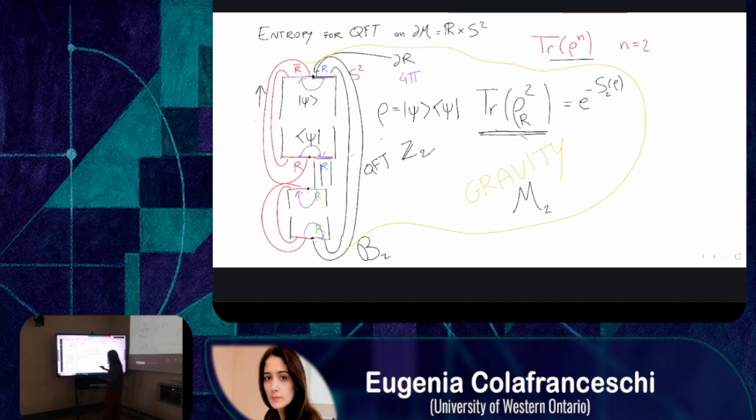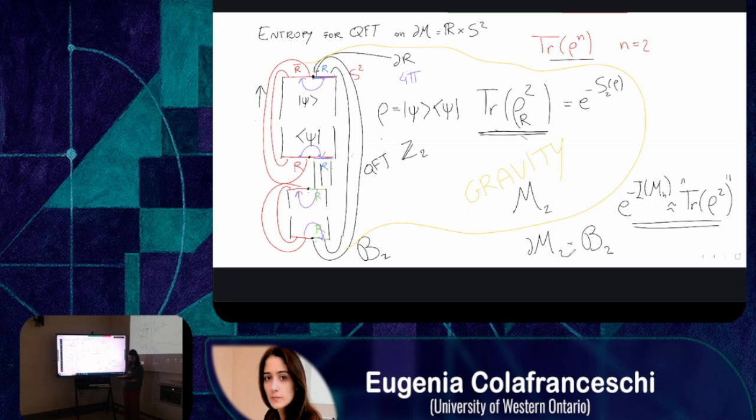This saddle, this manifold, is such that the boundary is this boundary B here. So this is what we are going to do, and using the saddle point approximation, the action computed on this saddle should give me this quantity I was looking for in gravity. Okay? Questions on this?